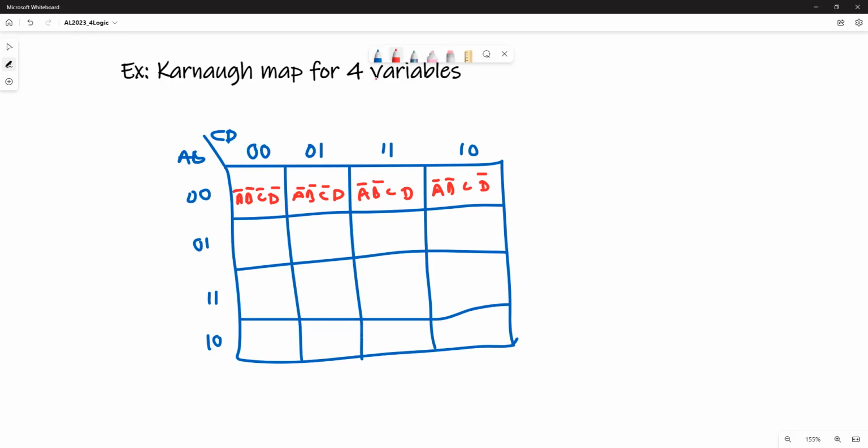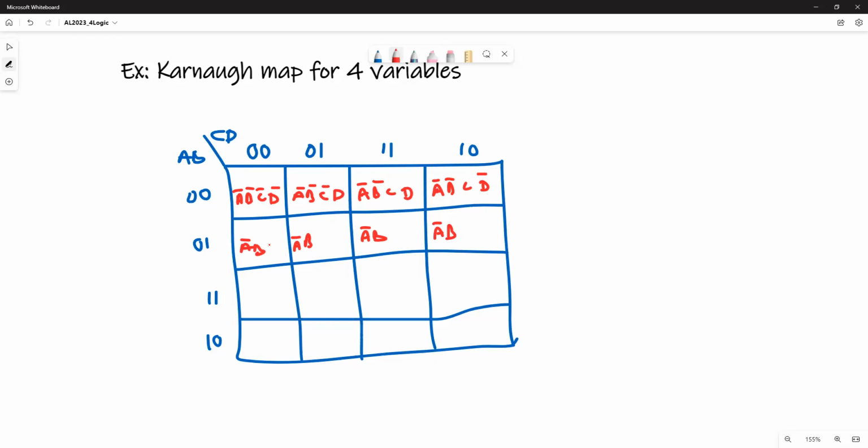So similarly, here we have A bar B. So this is A bar B. Here also A bar B. Right?